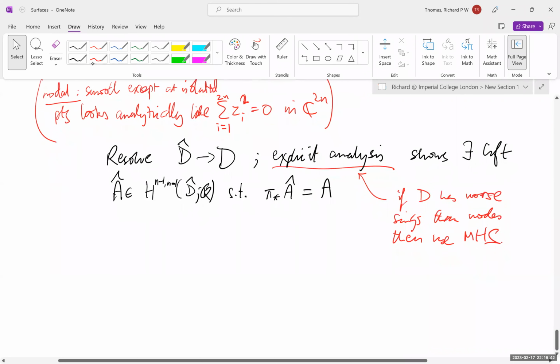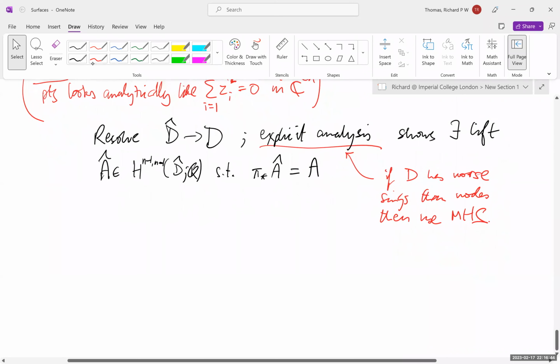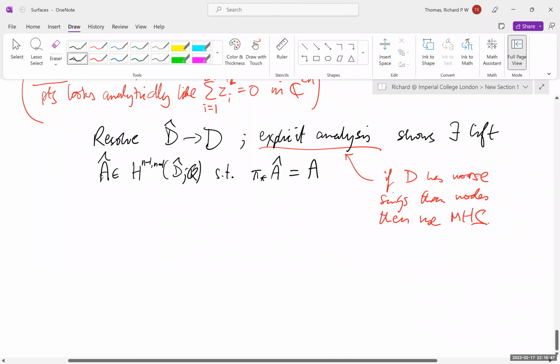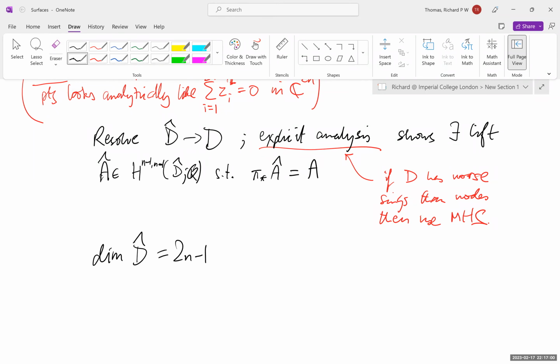Okay, so we have this Hodge class on now a new smooth variety D hat. Now that's fine. Now we can just continue with induction. So the dimension of D hat is 1 less, of course. It's 2n minus 1 now. So by induction, I've managed to get now down to a Hodge class of lower codimension, higher dimension on a variety of lower dimension.